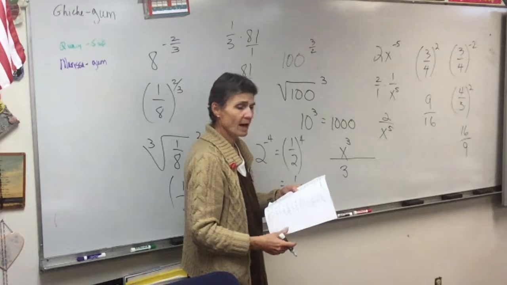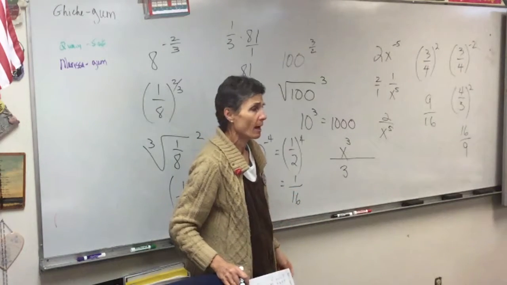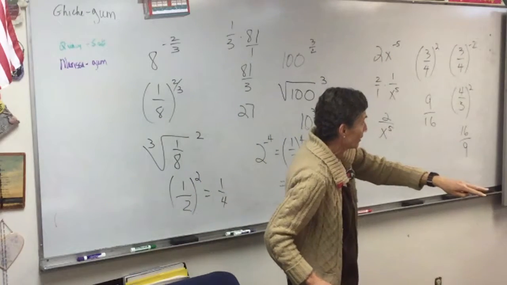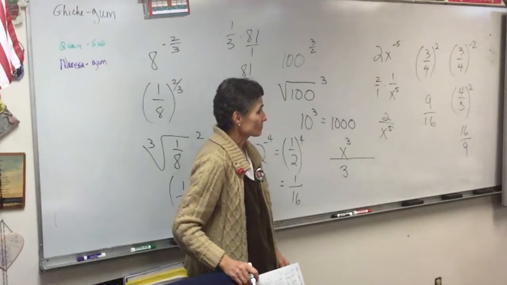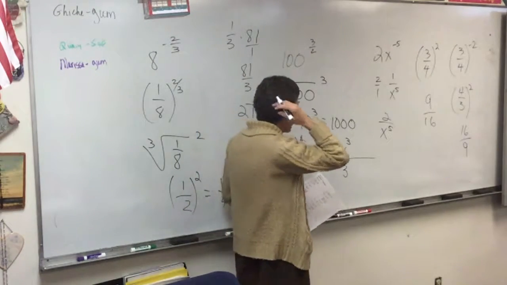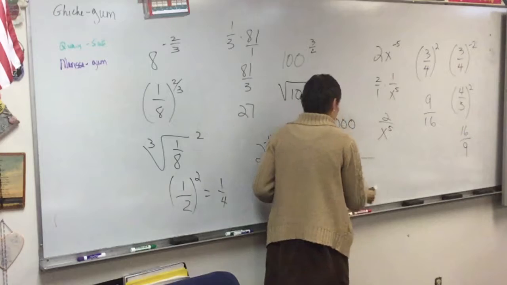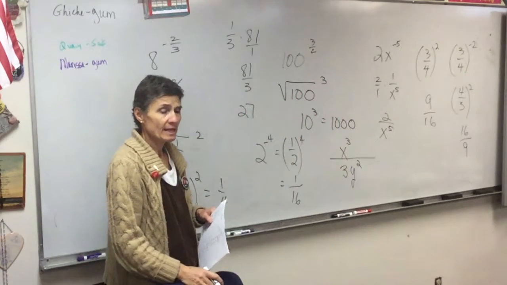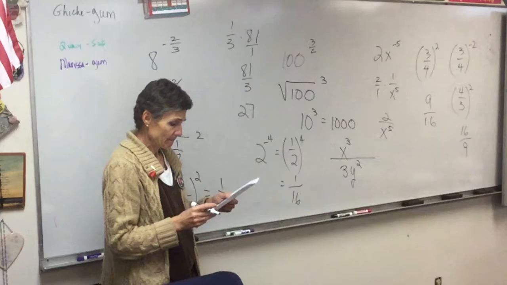I'm looking at number 5. Why do I have an x cubed on the top? Because there's 4 x's on the top and 1 on the bottom. And then what about the y's? Y squared on the bottom. There's your answer. They cancel. That's number 5.